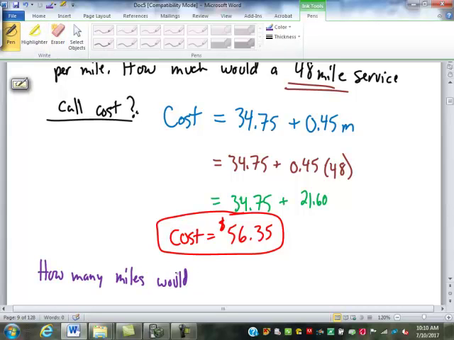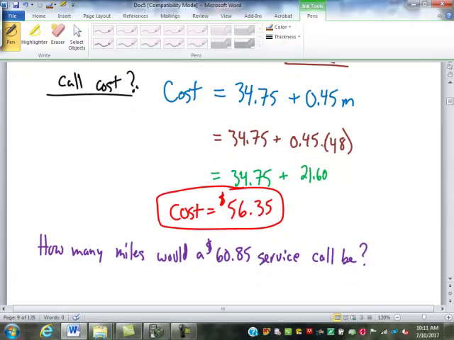Related to that, on that same pay scale, how many miles would a $60.85 service call be? Up here, we knew the miles and we were finding the cost, right?